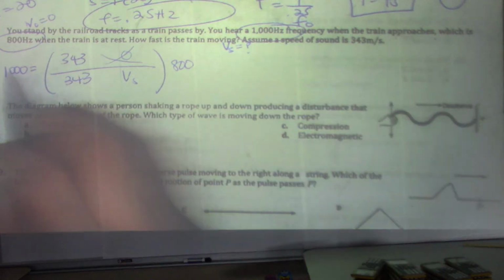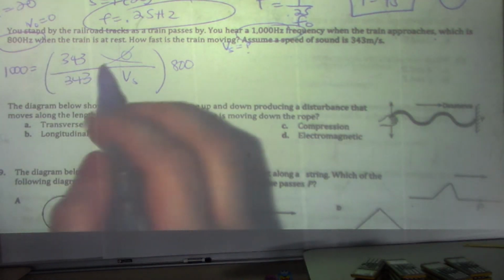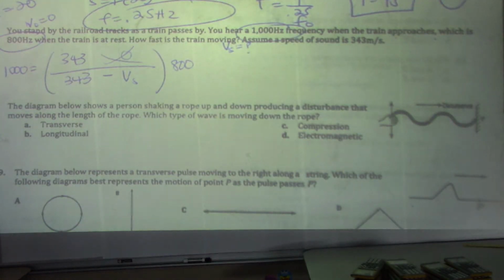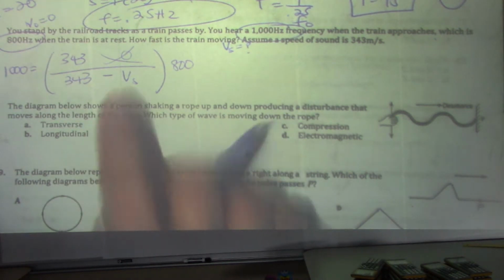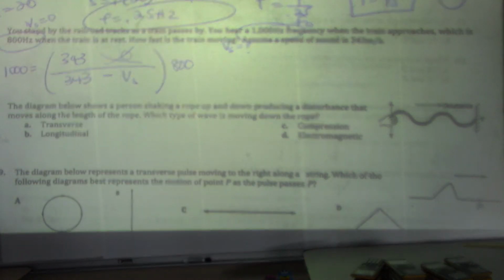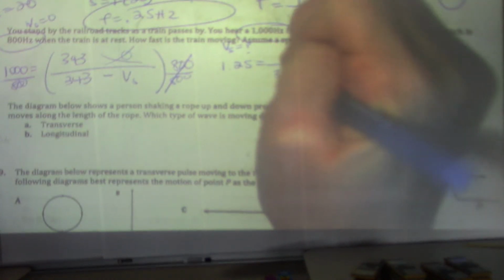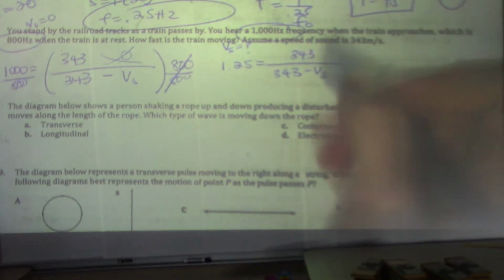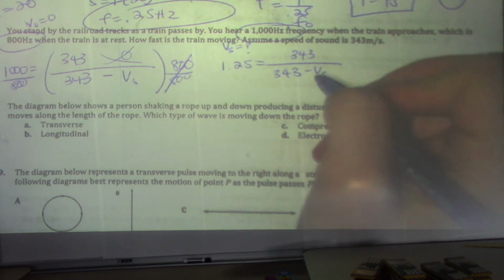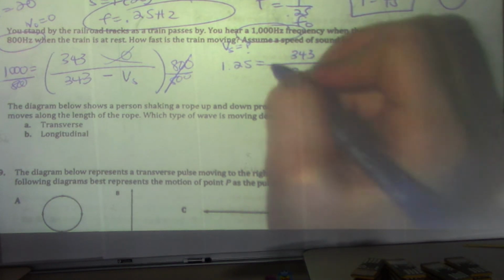And this one, it says as it approaches, I'm hearing this as it approaches, so that's going to be a minus sign on the bottom. And this is like my x right here. So the first thing I'm going to do is divide that 800 over. That gives me 1.25 equals 343 over 343 minus Vs. Now I have an unknown on the bottom, so I want to multiply it up, but I can't multiply just the Vs, so I'm going to multiply this entire thing.